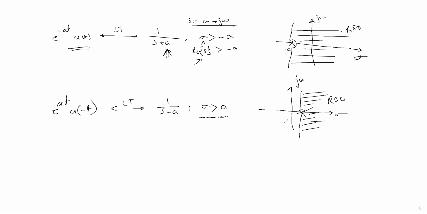That's why by looking at the ROC you can say that the given signal is not a stable signal. If you plot the signal, what will you find? Can anybody plot this signal if a is taken as a positive number?